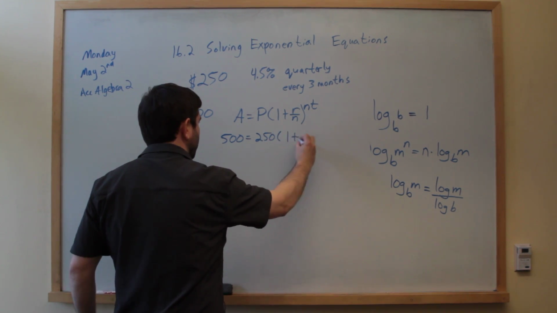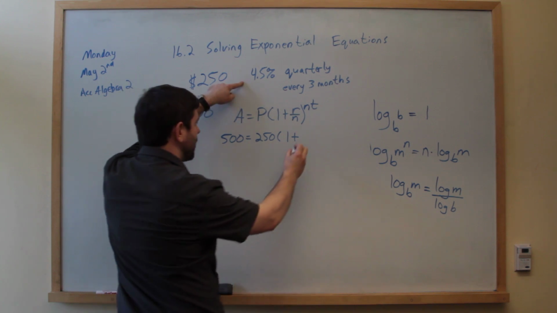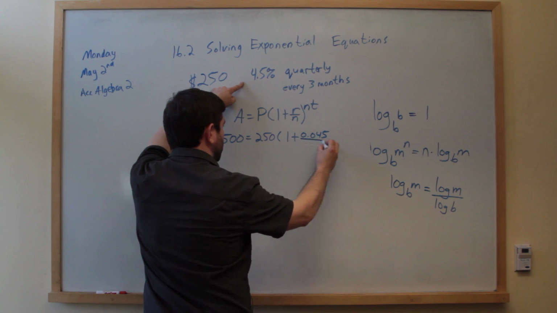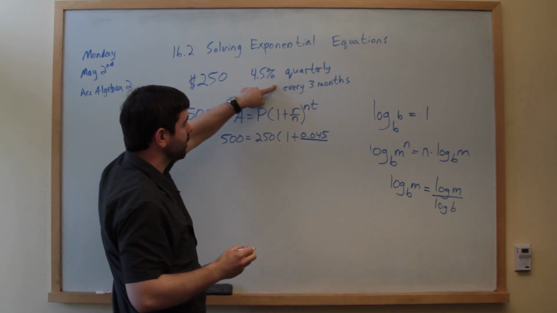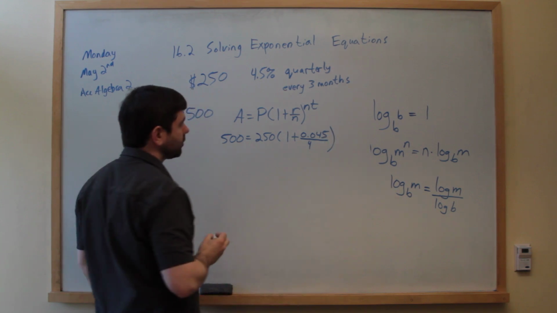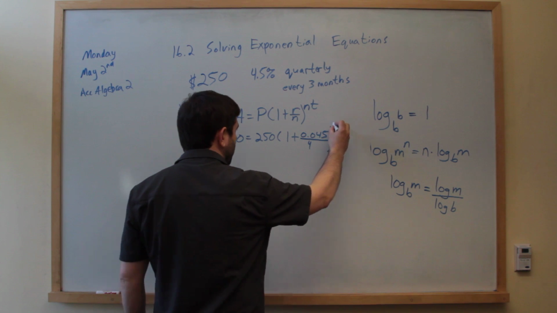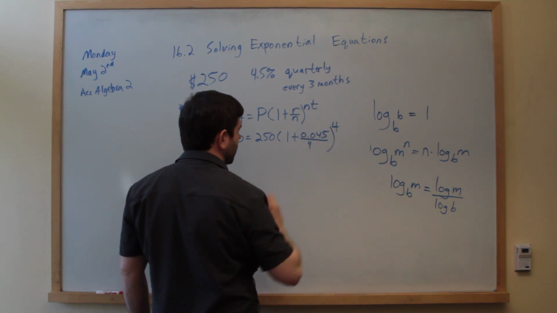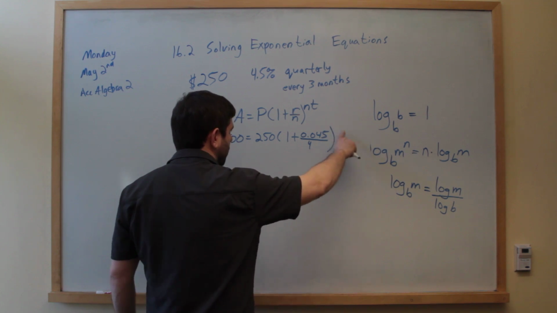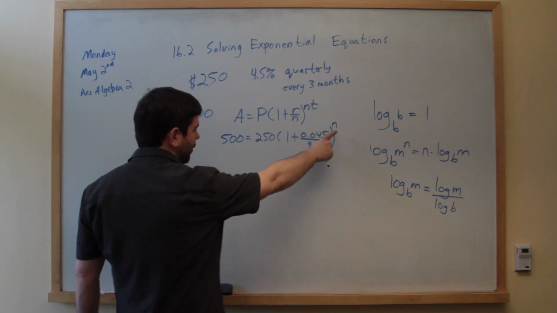Times 1 plus our rate, which is 4.5%, so that's going to be 0.045. And we're compounding this quarterly, so we're going to divide this by 4. We're going to raise this to the power of n, and we're actually going to solve this in terms of n.